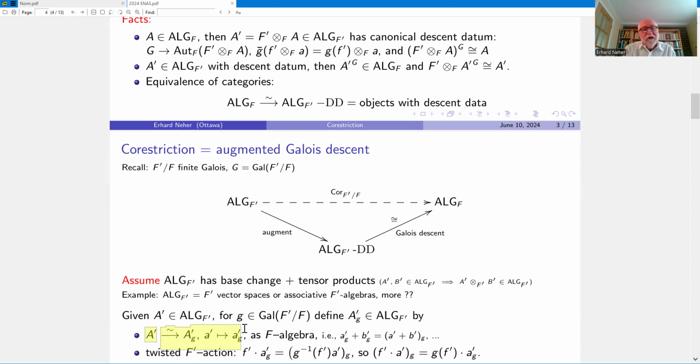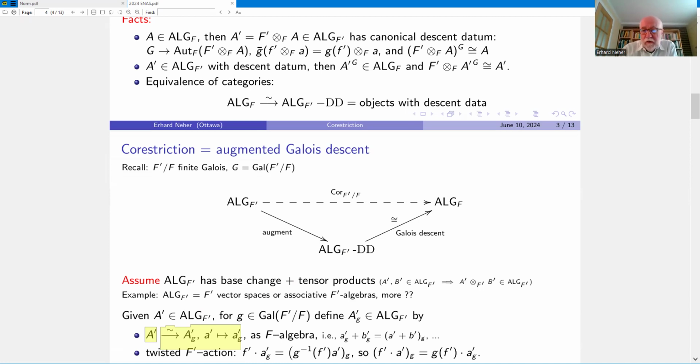And then we say this should be an F-algebra isomorphism, right? So this means the sums are preserved, products are preserved if you have products. So this is an F-algebra isomorphism, and we change a little bit the F prime action, right?